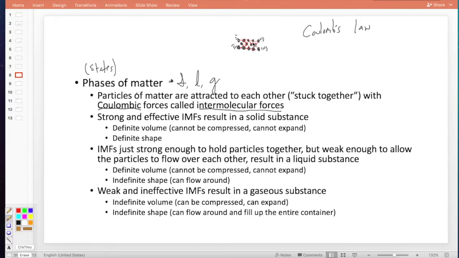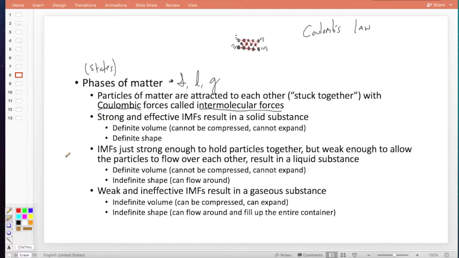So different substances have different types of intermolecular forces and different strengths of intermolecular forces. There are different forms of this force, different types of it, and those have different strengths. So anything that is a solid, look around you, look at some solids right now. Those solid substances are solids at room temperature because these intermolecular forces are strong and effective.